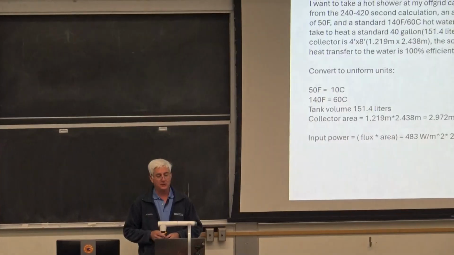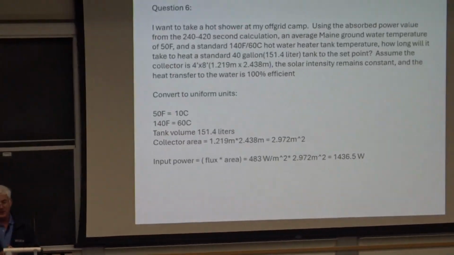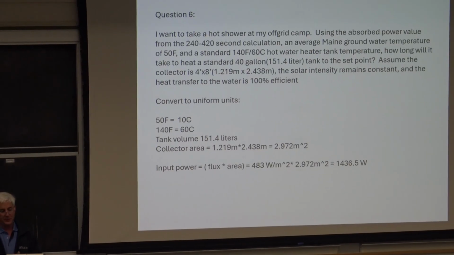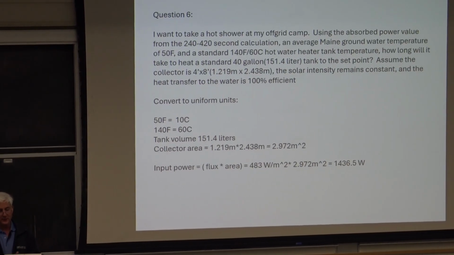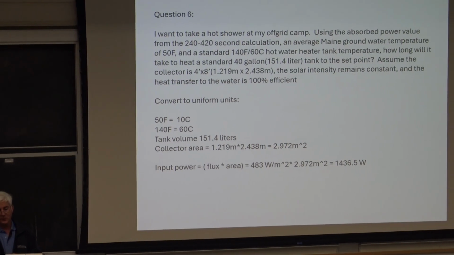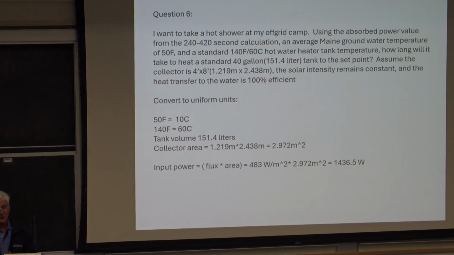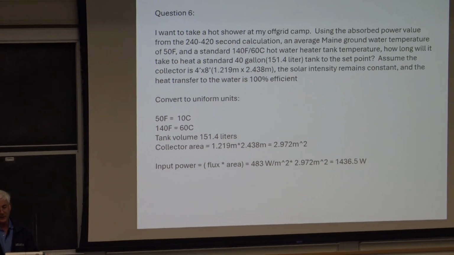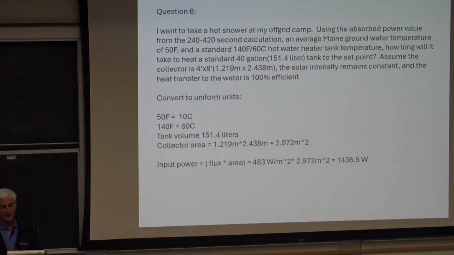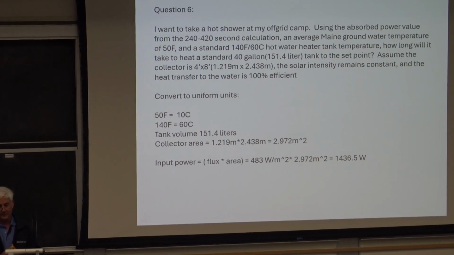Okay, and then the big question in the lab: I want to take a hot shower at my off-grid camp. Using the absorbed power value from 240 to 420 seconds, an average Maine groundwater temperature of 50 degrees, which is true, and a standard hot water tank temperature of 140, how long will it take to heat a standard 40-gallon hot water tank to the set point?